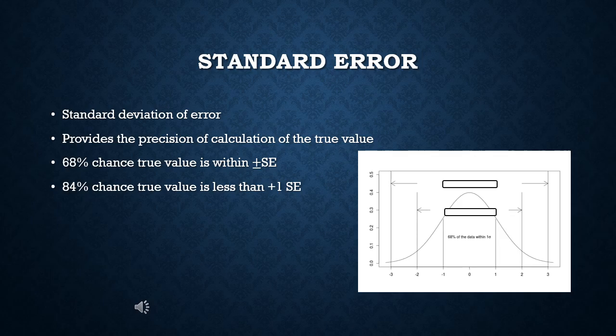Standard error is the standard deviation of error, and it's a measurement of the sampling variation of the statistic, and also the standard deviation of the residual in a regression analysis. It is also based on the number of degrees of freedom associated with the errors.